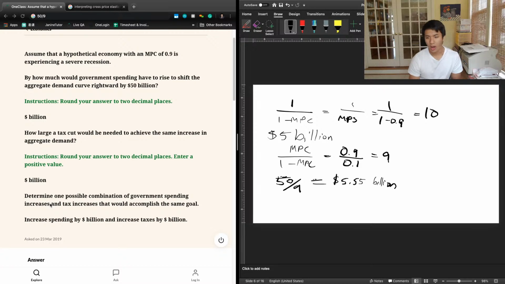And so one way to think about this is if we match government spending to tax increases, we can take advantage of this difference in the multiplier in order to get the right answer, right?